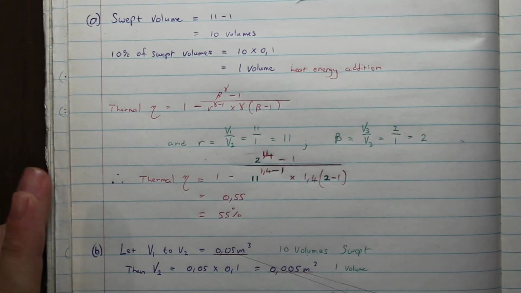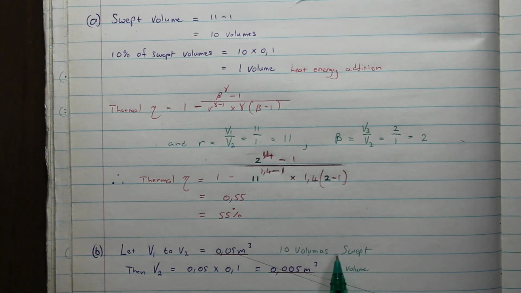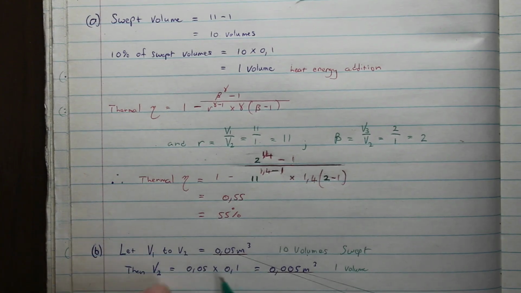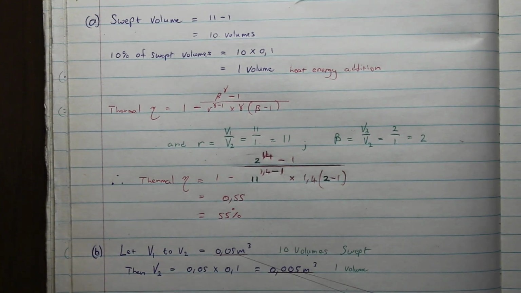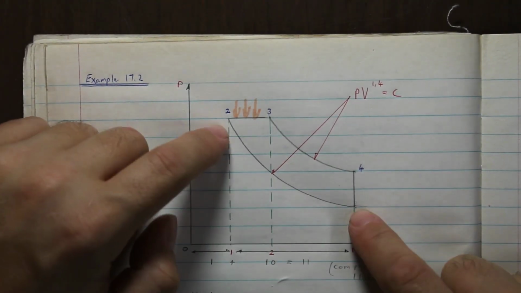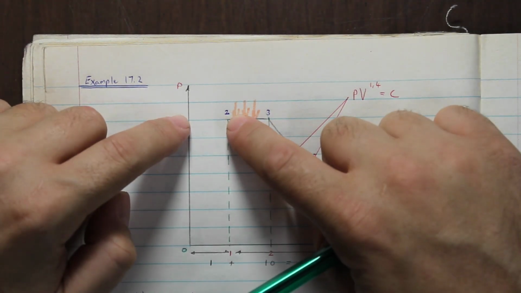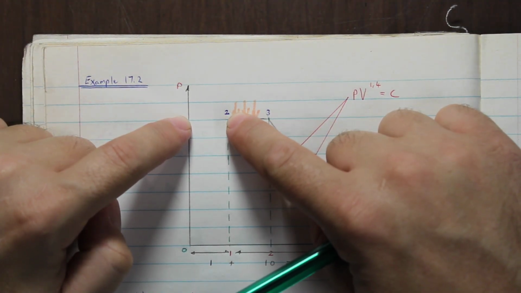So what we need to know is that the 0.05 is for 10 volumes. If that's for 10 volumes, how much is V2? We take 0.05, which is the amount of air the cylinder pulls in, and multiply it by 0.1, because if that 0.05 is for 10 volumes, how much is it for just one volume, for V2?